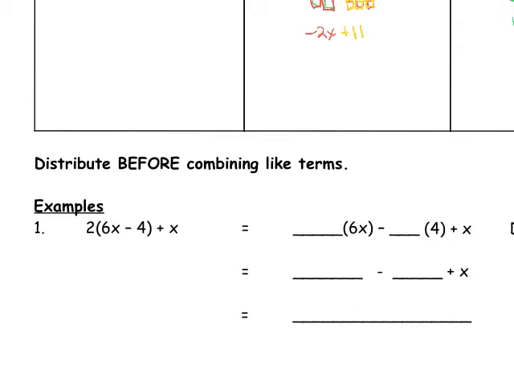All right, now we're going to have multiple steps. So here we have a symbol outside of the grouping symbols. Now, there's nothing to do inside the parentheses because with PEMDAS, you do what's in the parentheses first, right? There's nothing to do in the parentheses because these are unlike terms. You can't combine them.